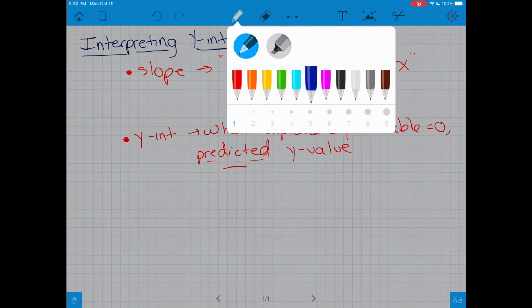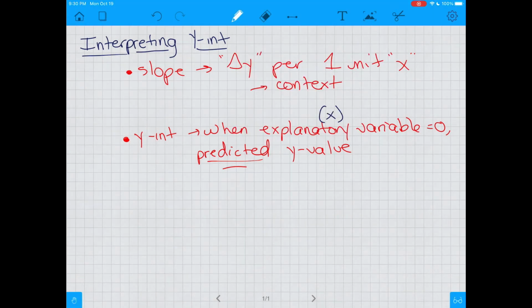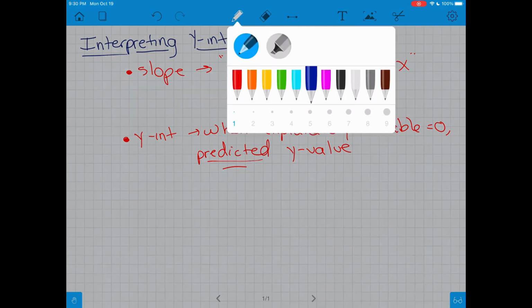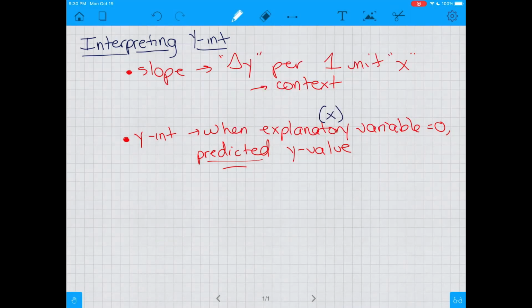Now remember, again, I'm only using this language of explanatory variable just to reinforce some vocab so we don't forget. Explanatory variable is just x, whatever your x is here. So another thing that's important about that is oftentimes they will ask you to interpret in the context of the problem.